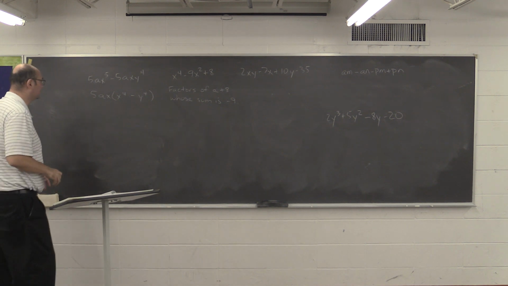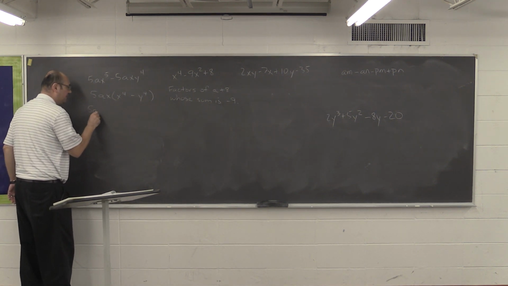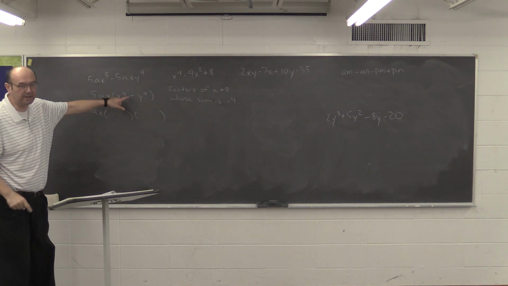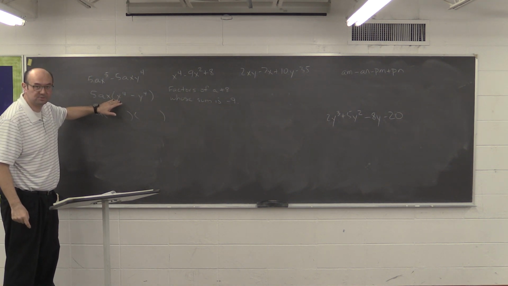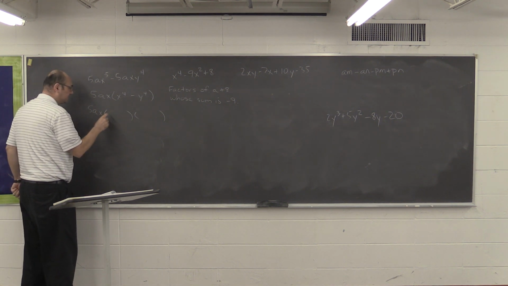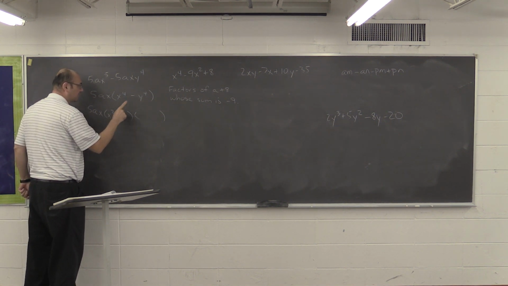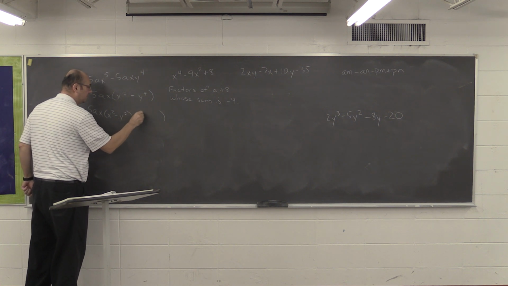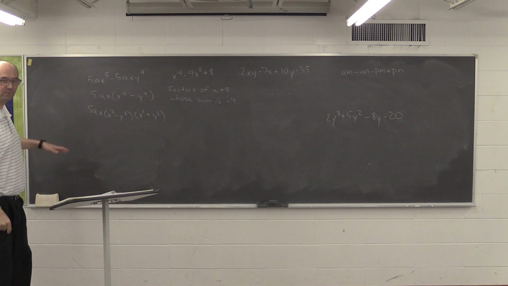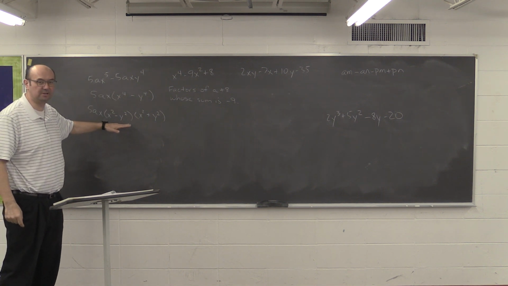So we're going to write down 5ax times, and look at what we get here. We have a minus, a what times a what here, and a what times a what here. So what times what is x to the fourth? Well, that would be x squared minus y squared, x squared plus y squared. So you notice that we have a set there.